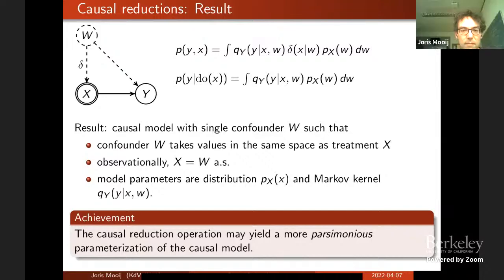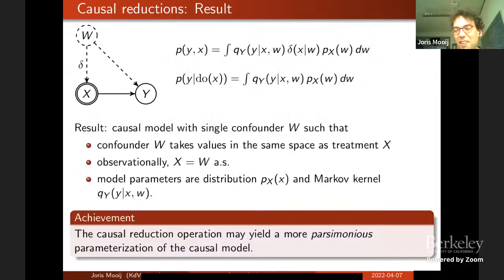Mm-hmm. Then you'll get different interventional marginals. But can you give me an example of a situation like that? I just can't think of any plausible situation that would have that structure, that on the one hand, W completely determines X, but on the other hand, I can intervene on X and not affect W at all.